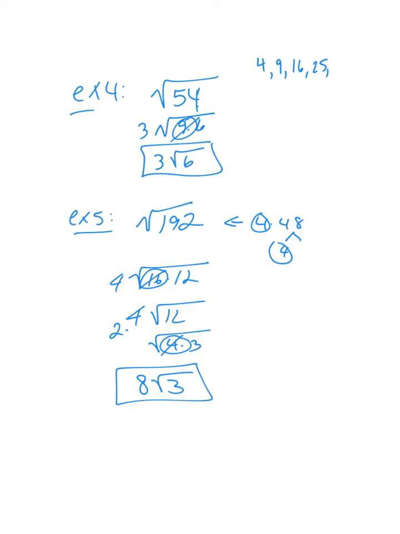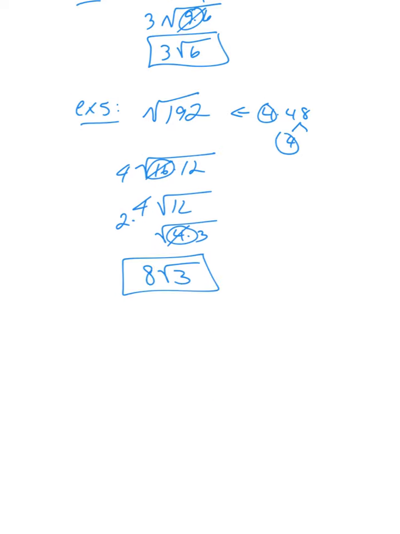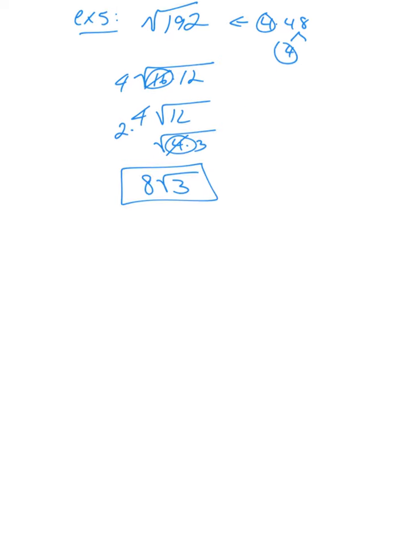And then sometimes you'll see that there may be a number that's already on the outside of the radical. So for instance, example 6, you may see negative 5 times the square root of 500. So there's already a negative 5 multiplying out there. So whatever rational number you bring to the outside just multiplies by the negative 5 that was already multiplying by the radical.